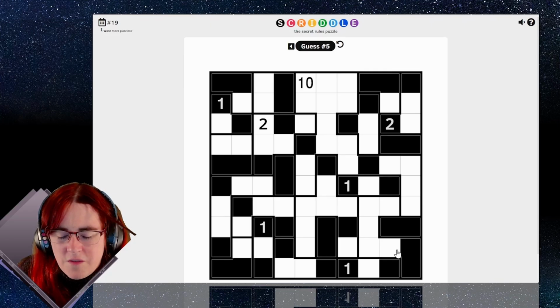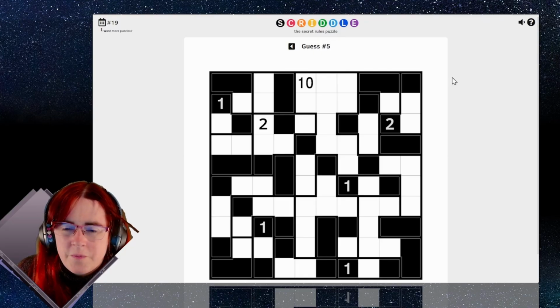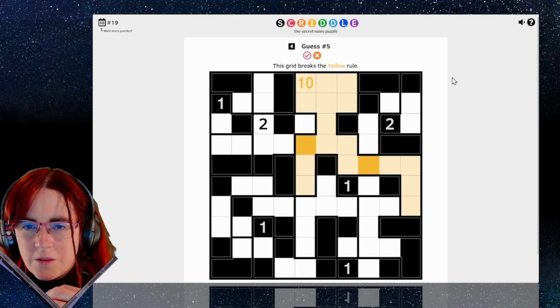Okay, we don't have hopes for this guess because there's lots of things we know we're breaking, not least the orange rule, I think, the connectivity one. But I want to see what happens for this 10 one. So we need to figure out the yellow rule.